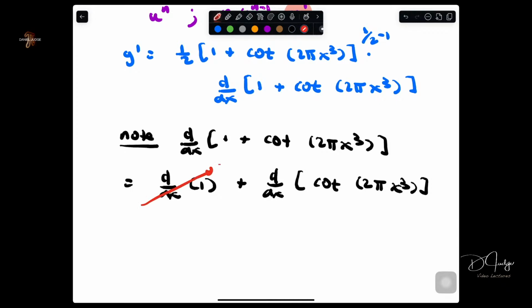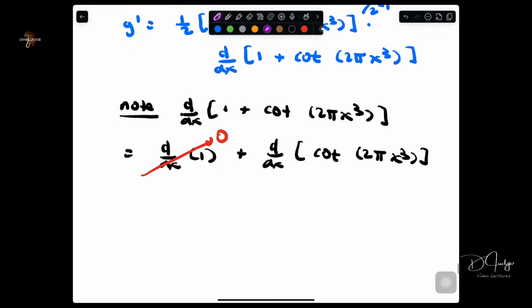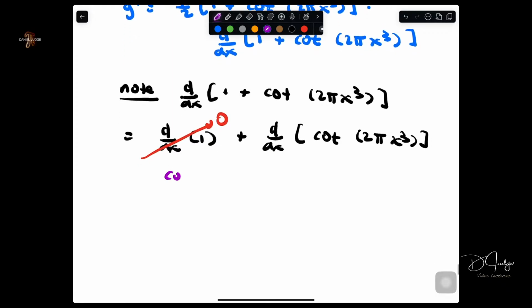The derivative of your constant is 0. And then this is where chain rule is going to come into play again, because you got cotangent of u. And the derivative of cotangent is minus cosecant squared u, then times your chain rule u prime. And that's going to be what we ultimately use here.